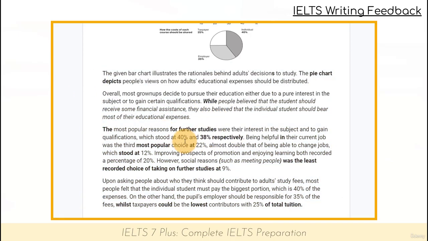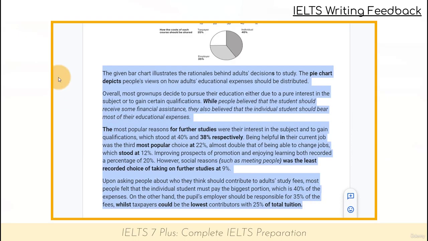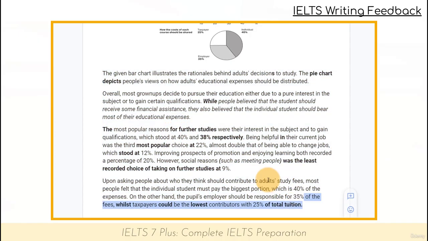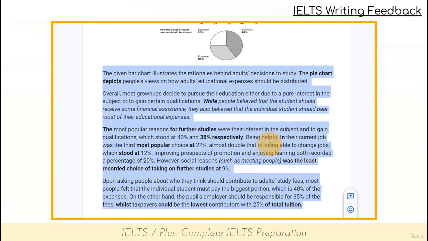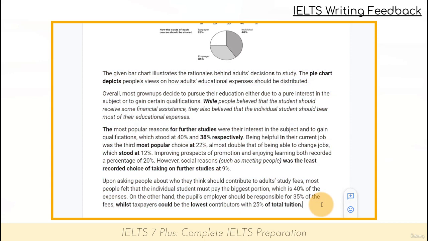Lots of good language, though there were some edits needed, and grammar is, of course, one of the key parts of our scoring. So I would probably say around the 7 mark, possibly even a 7.5, just with a couple of edits. But of course, we've made some bigger edits throughout, and it's up to that 8.5, 9 now.